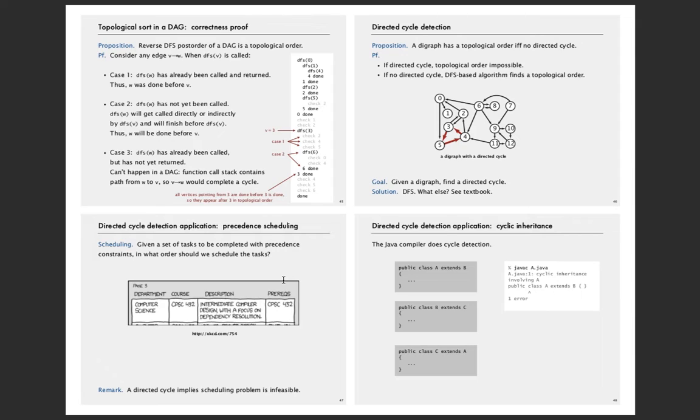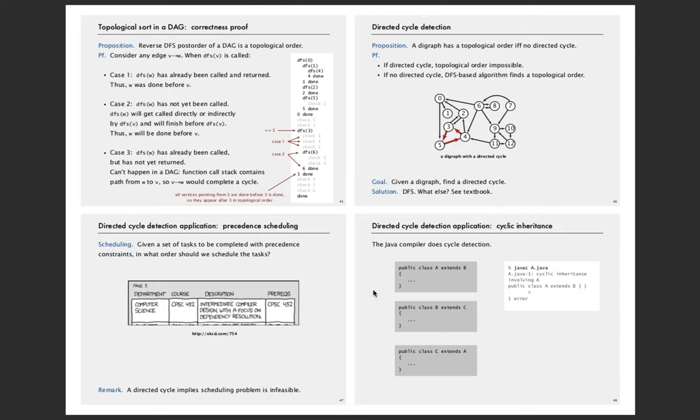If you have a class A extends B and another one B extends C and another one C extends A, that's going to create a problem. Class hierarchies are not supposed to have a cycle, and the Java compiler will actually give an error message saying there is a cyclic inheritance. You are not allowed to do that.